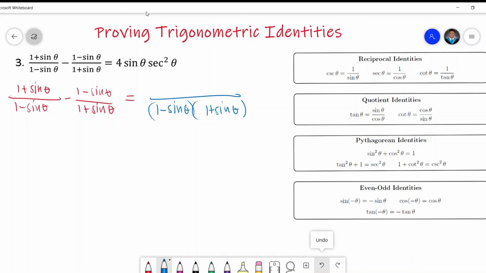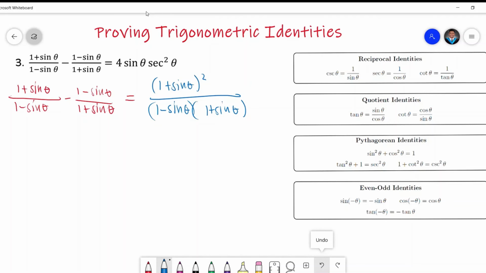So doing the process, the LCD divided by the denominator of the first term, that is 1 minus sine theta, will give us 1 plus sine theta. Then 1 plus sine theta, we multiply by our numerator, 1 plus sine theta, and that will give us quantity 1 plus sine theta squared.